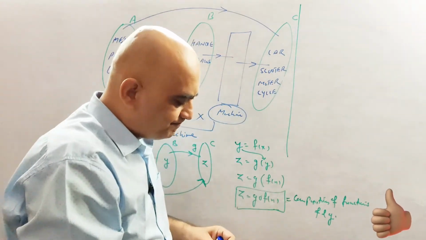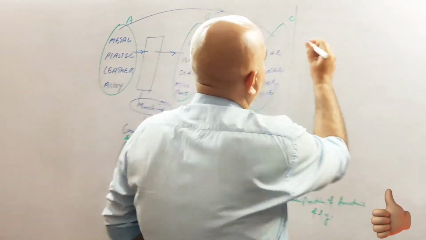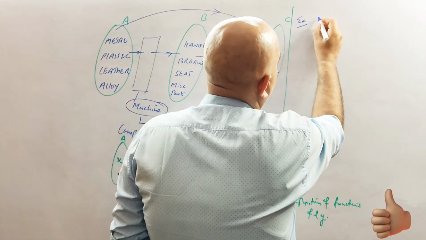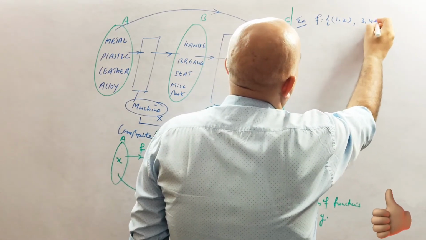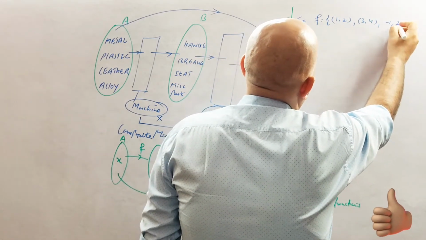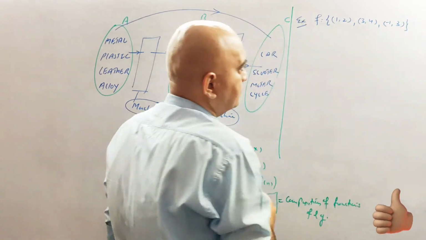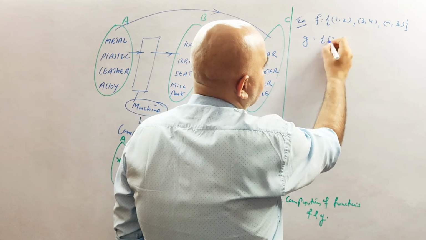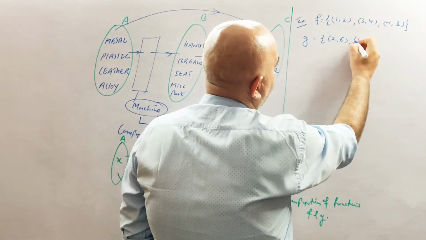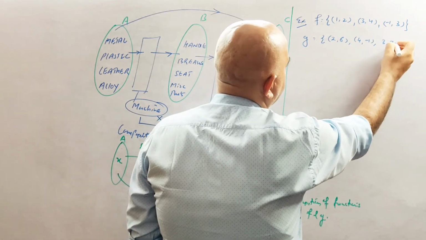Suppose we have an example, and f is a function which contains (1, 2), (3, 4) and (-1, 3), and g is another function which contains (2, 6), (4, -1) and (3, 7).